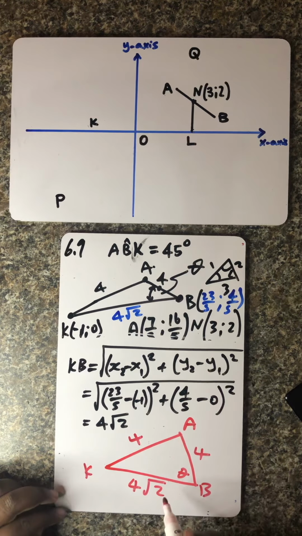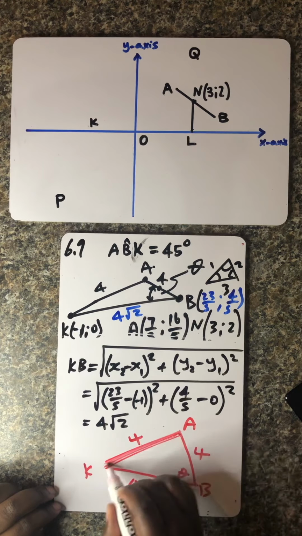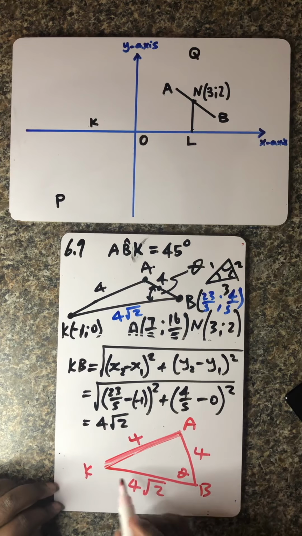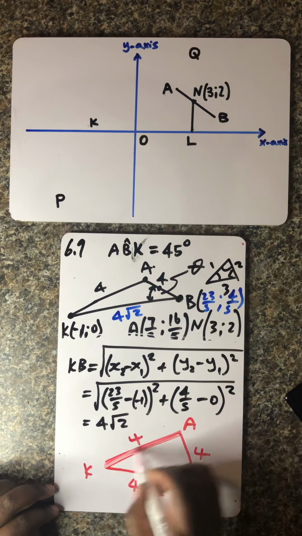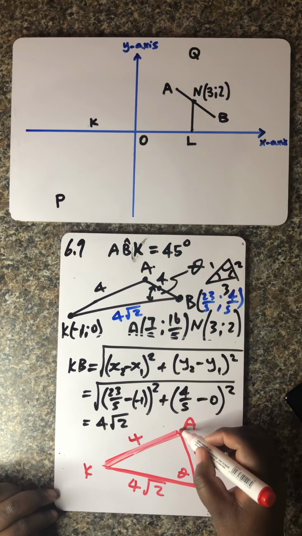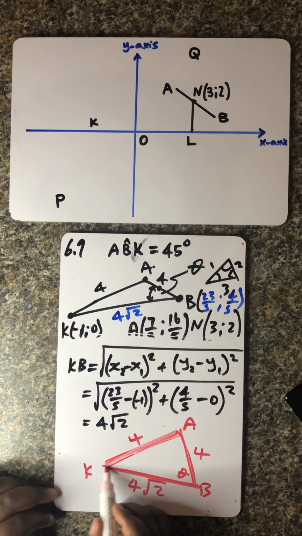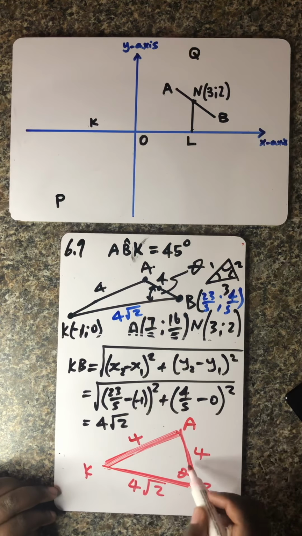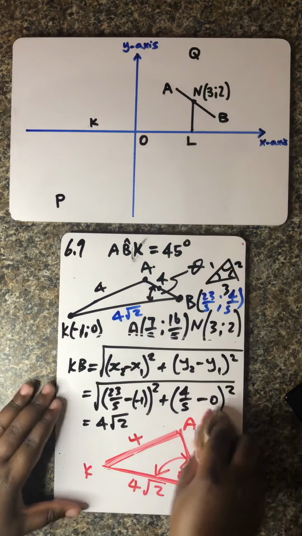Okay, so we're going to say this length, which is 4, equals that squared. Obviously, it's this squared. It's equal to that squared plus that squared minus 2 times that cos of that angle. So that's what that formula means, ladies and gentlemen.